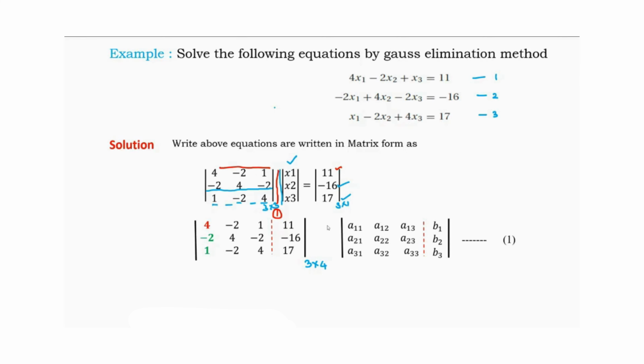Now, I have written this in this form. Here, the first element will be named A11, second element A12, A13, and this as B1. Similarly, A21, A22, as I have designated.